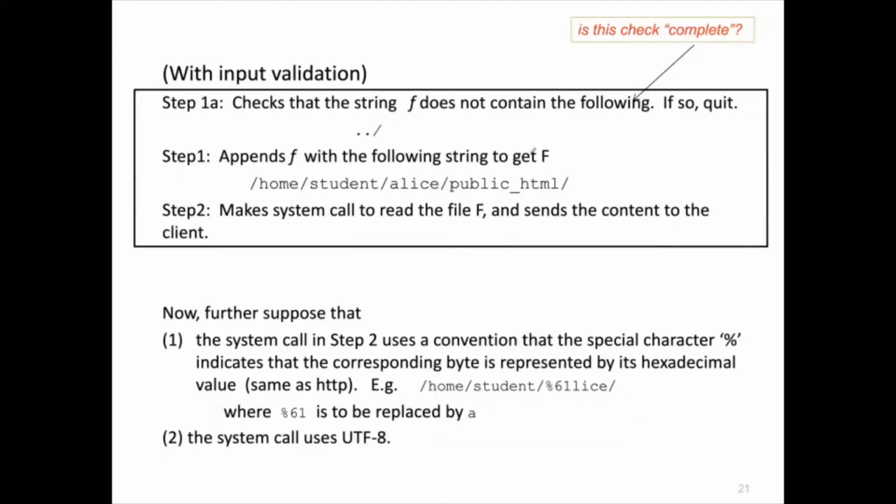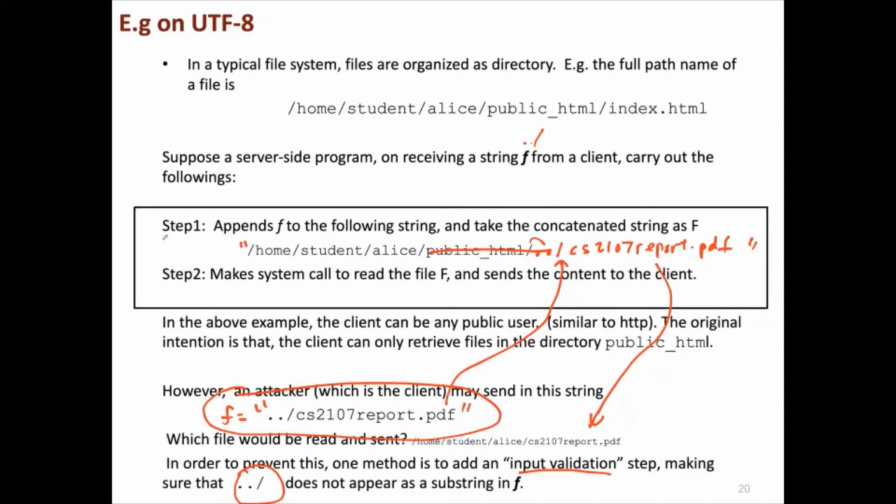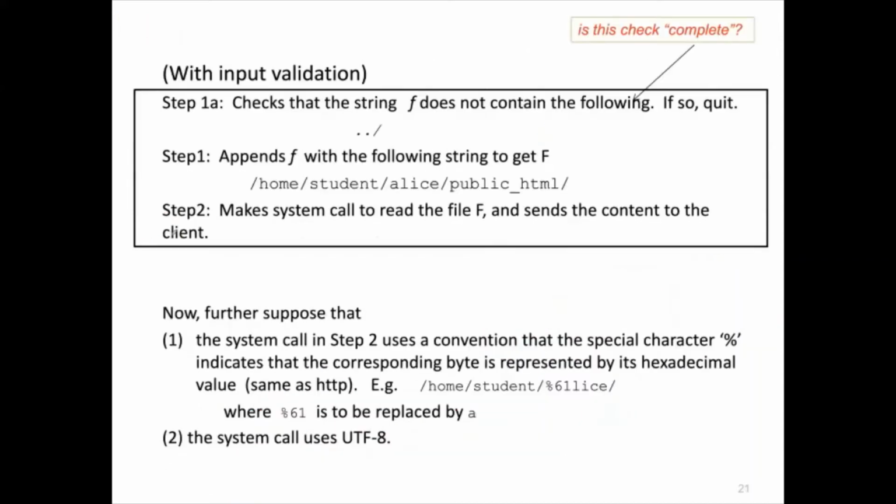Now we further suppose that the system call in step 2 uses a very usual convention in handling HTTP files, that the special character percentage indicates the corresponding byte value. For example, like home student percentage 61. Percentage 61 will be replaced by the byte value 61, which happens to be A in the ASCII representation.